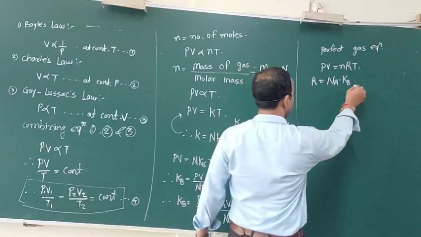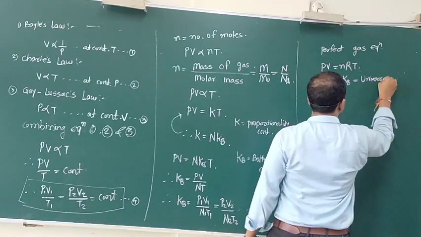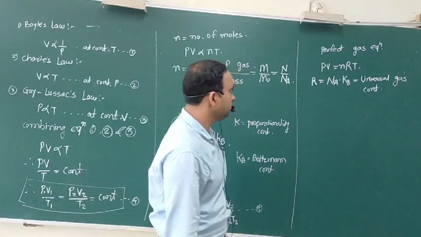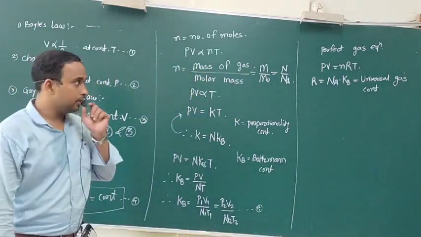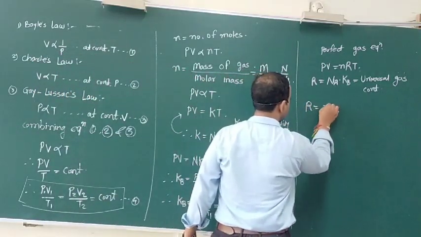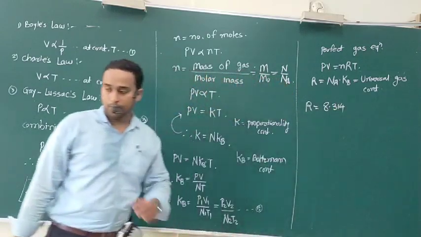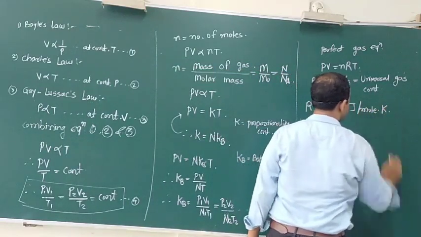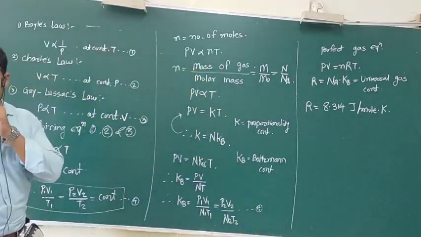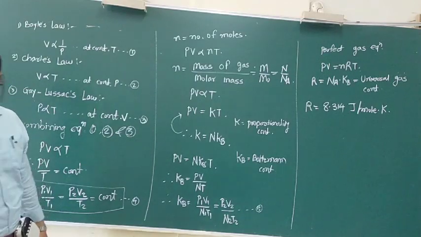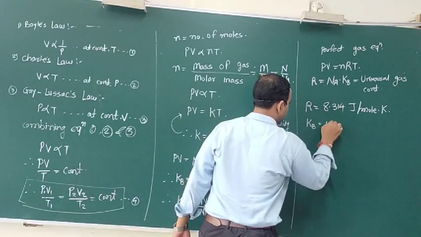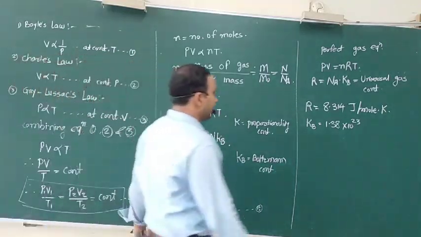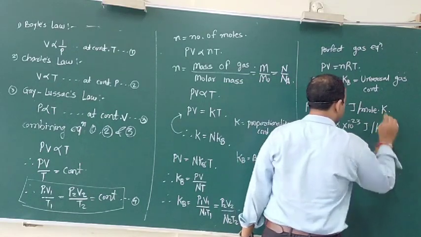The value of the universal gas constant R is 8.314 joule per mole Kelvin, and the value of the Boltzmann constant is 1.38 into 10 raised to minus 23 joule per Kelvin.